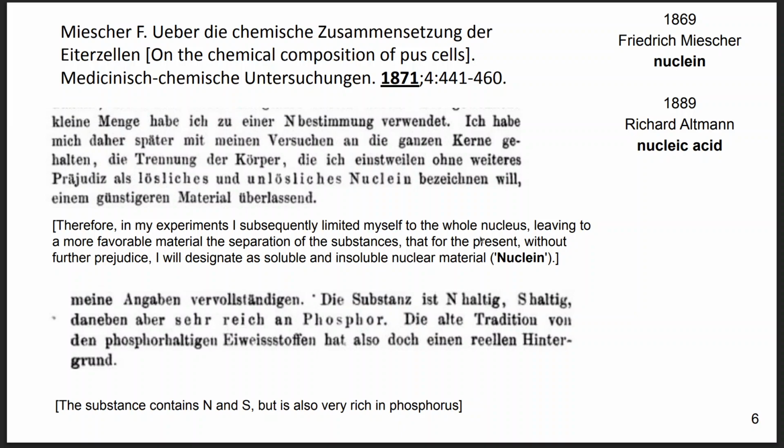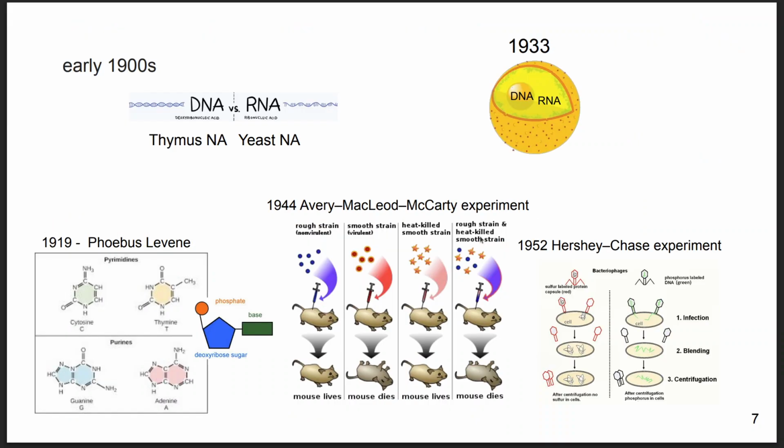We just knew that we have nucleic acid, which is different from proteins, and it is located in the cell nucleus. Then, in the early 20th century, people distinguished two types of nucleic acids, DNA and RNA, but at that moment the differences were not apparent.